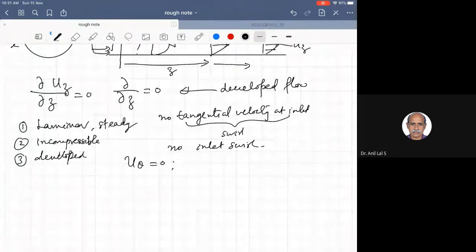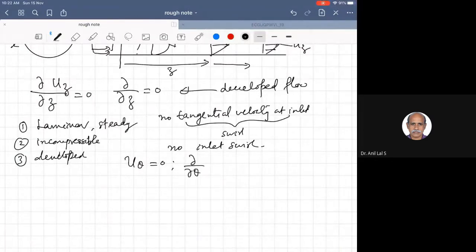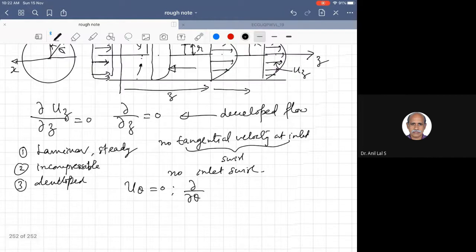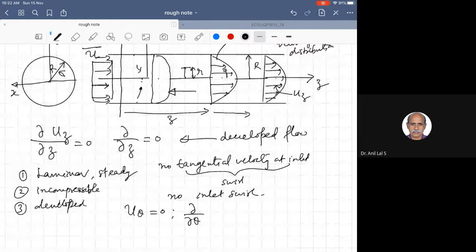That is the pipe is axisymmetric, so there is no variation of flow parameters in theta direction, whereas in the radius direction there are variations.